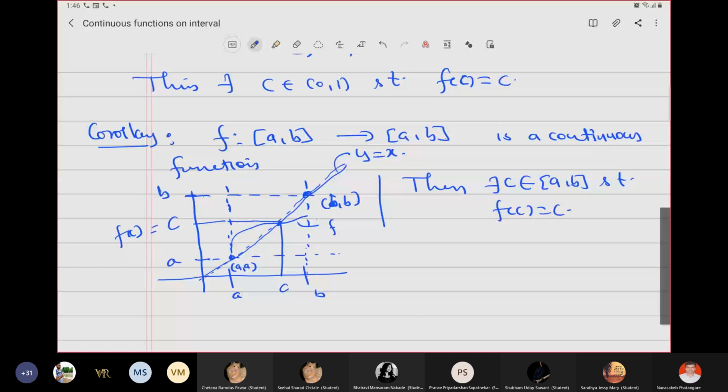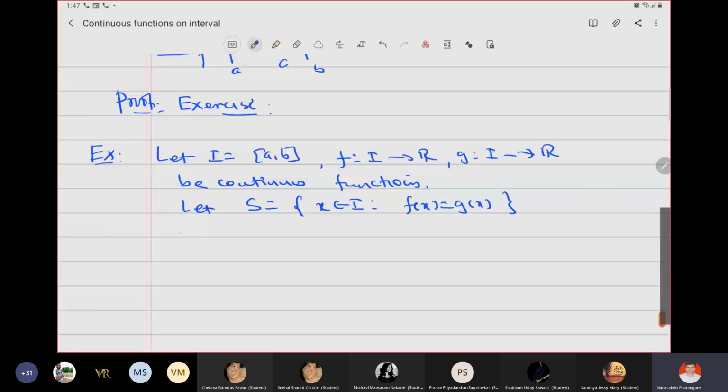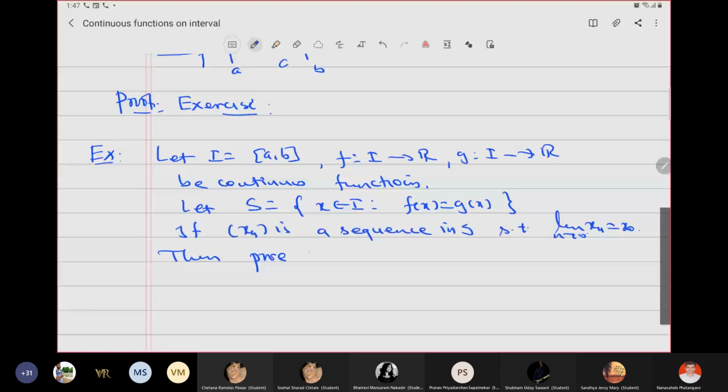Right. So if xn is a sequence in S such that limit of xn is equal to x naught, then prove that x naught is in S. And same problem we discussed before, right?